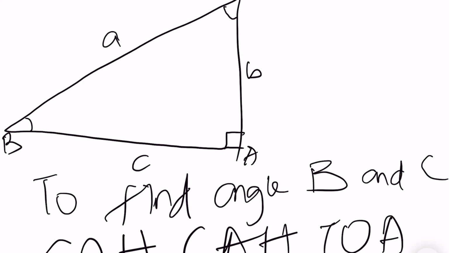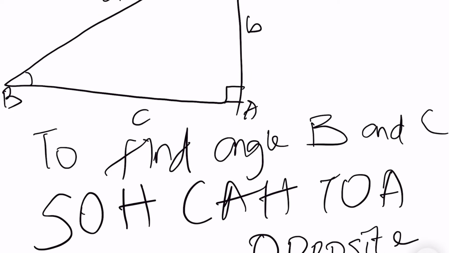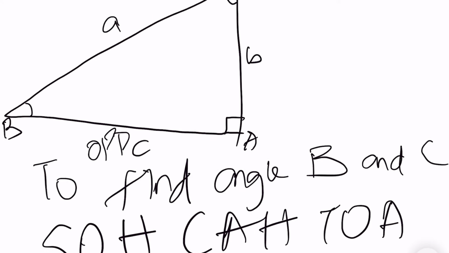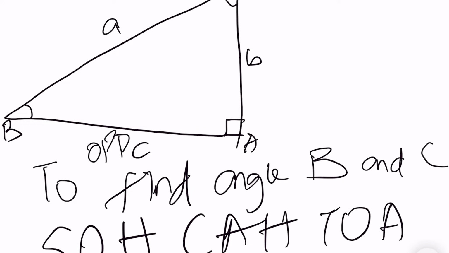Now, in this right angle triangle, where the angle faces will be opposite, so in this case this turns to our opposite, this turns to our hypotenuse, and this is our adjacent.